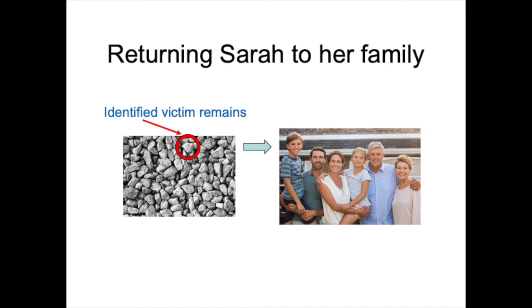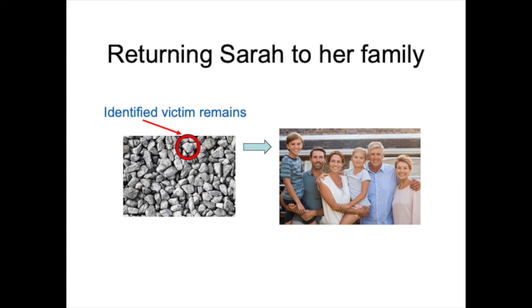So the result of doing all of these comparisons, of comparing the 18,000 victim remains genotypes with the 2,700 missing persons genotypes, is that we can identify the victim remains. And so there, on the left, there's an identified victim remain.